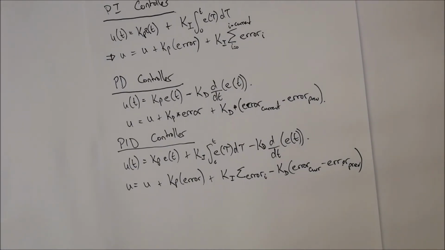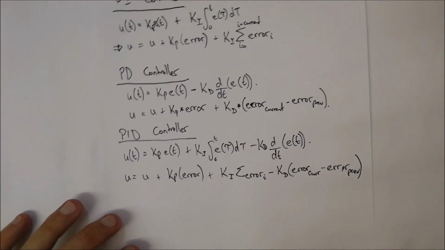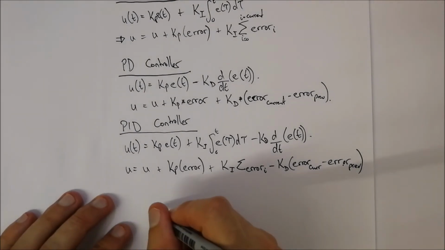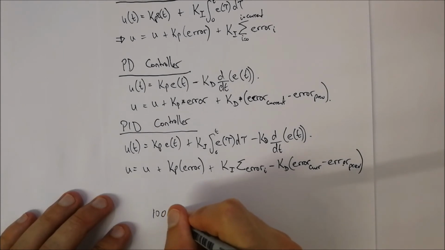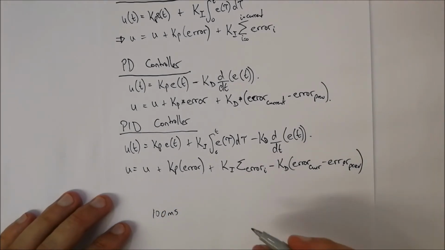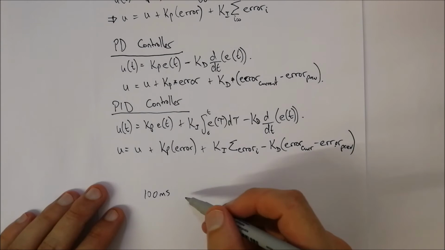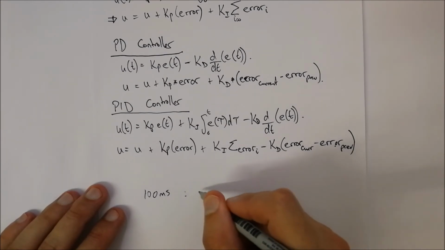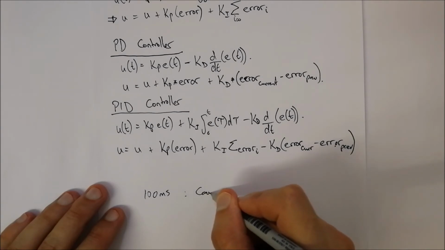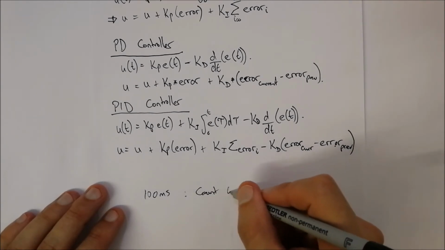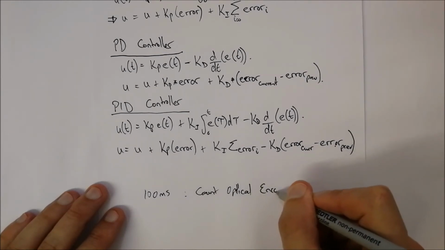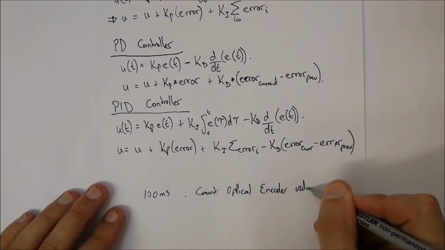Because essentially, if you look at this, what we're going to be doing in our code, which we'll look at in a video or two later, is that every 100 milliseconds, we're going to let a timer interrupt, and we're going to check how many counts we've got in terms of our optical encoder value.